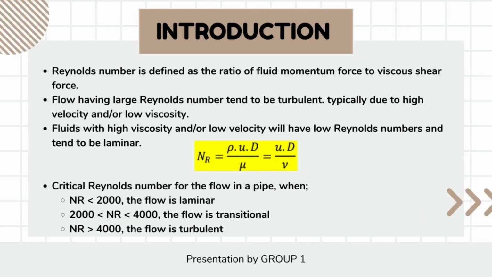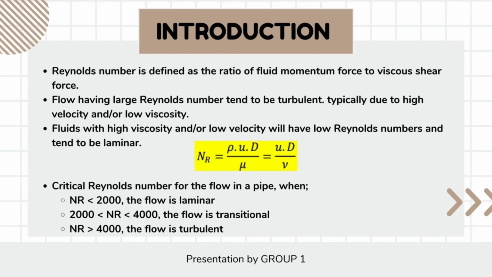Alright, for the introduction, I will explain about the Reynolds number and the characteristics of flows. So Reynolds number is defined as the ratio of fluid's momentum force to viscous shear force. Flow having large Reynolds number tends to be turbulent, typically due to high velocity and/or low viscosity.